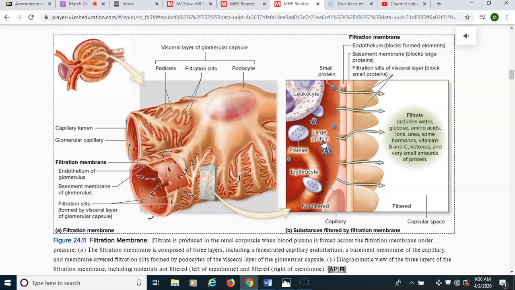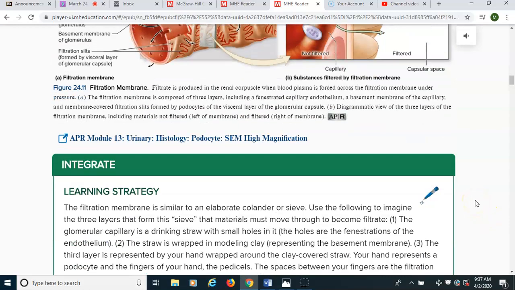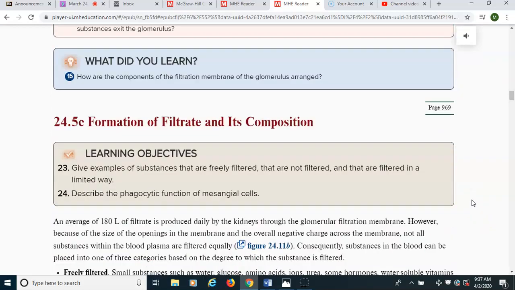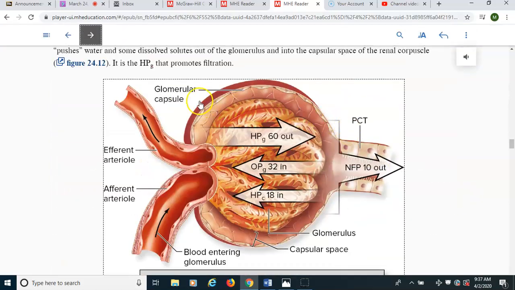All right, and then there's another picture. You can see the fenestrated capillaries and the podocyte with its little filtration slits. All right, so that is all happening here at the renal corpuscle.